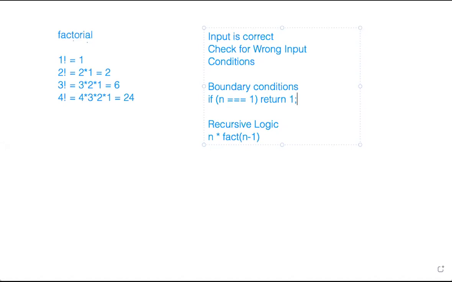What would be the wrong input conditions? When should I discard the input at all, like I should not even entertain the input? I return a positive integer or something. So what all things should I check for in my wrong input case?